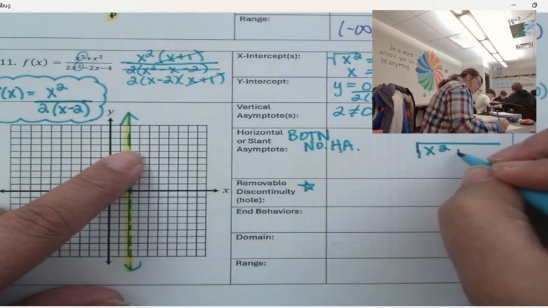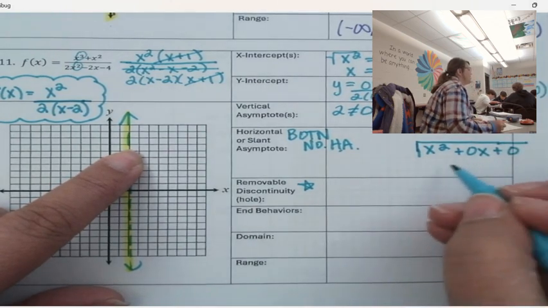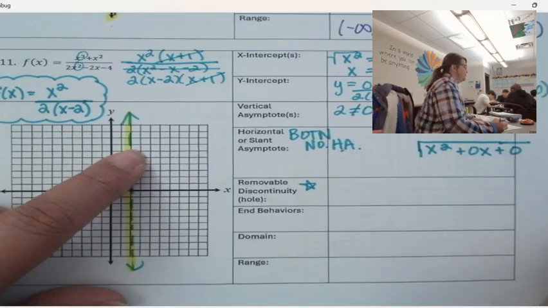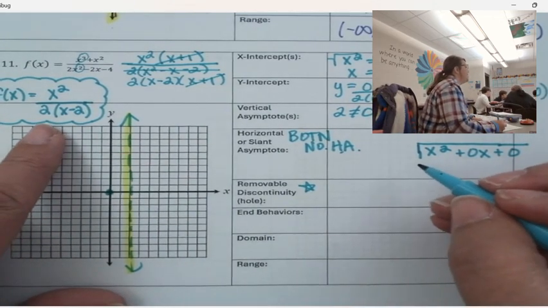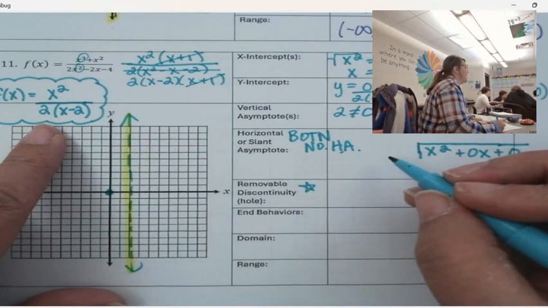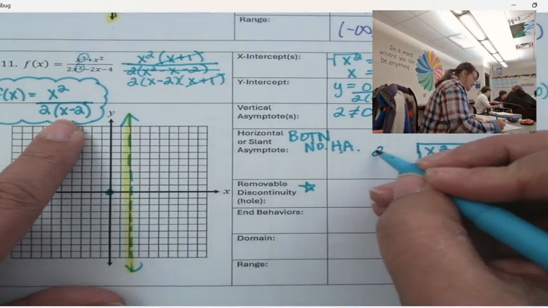And I'm going to go ahead and put plus 0x plus 0. Because remember, when we do long division, we got to have all the steps. And then what's in my denominator is what I'm dividing by, and it goes on the outside. But I'm going to go ahead and write it as 2x minus 4 because it's going to be hard to do it like this.